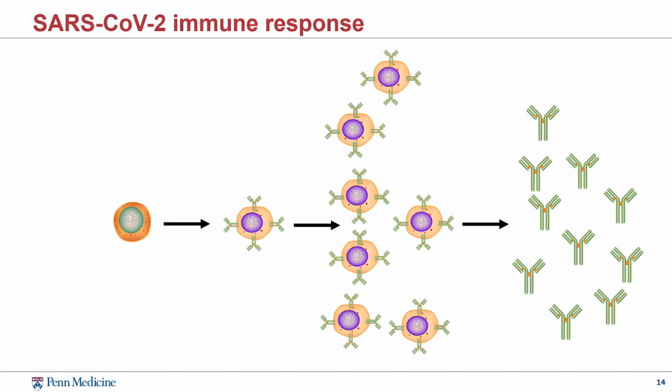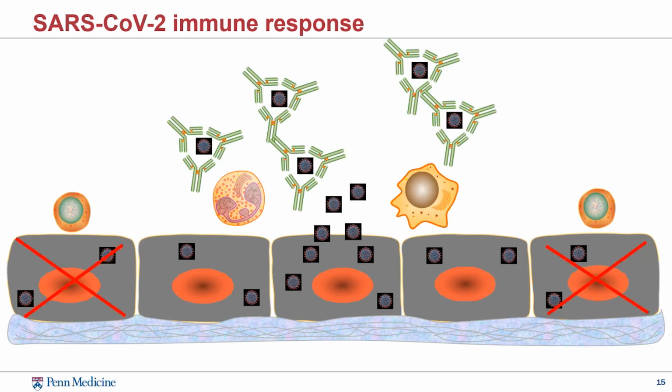Those will be clonally expanded, and now you have lots of cells that make these specific antibodies. All of these will make soluble antibodies, so now you have antibodies coursing throughout your blood. T cells will come and directly kill these infected cells, and the antibodies will come and neutralize all of these SARS-CoV-2 viruses that are outside of your cells. This is really the way that your adaptive immune system, both the T cells and the B cells, works together to fight this infection.